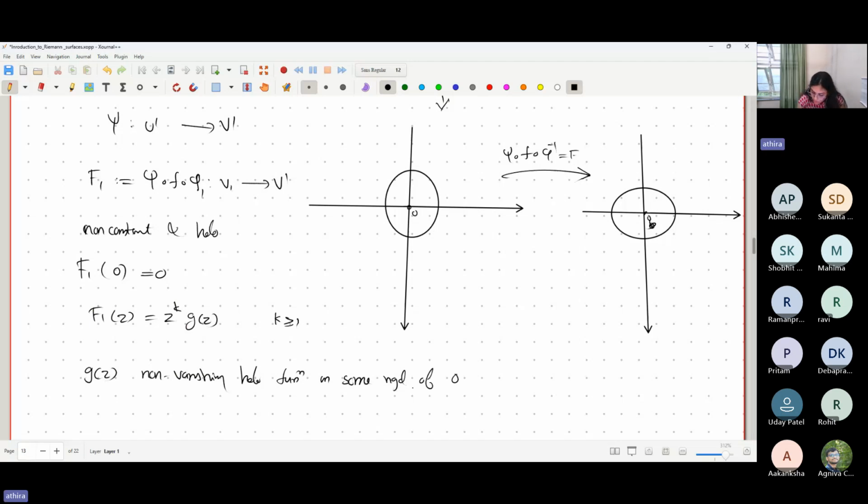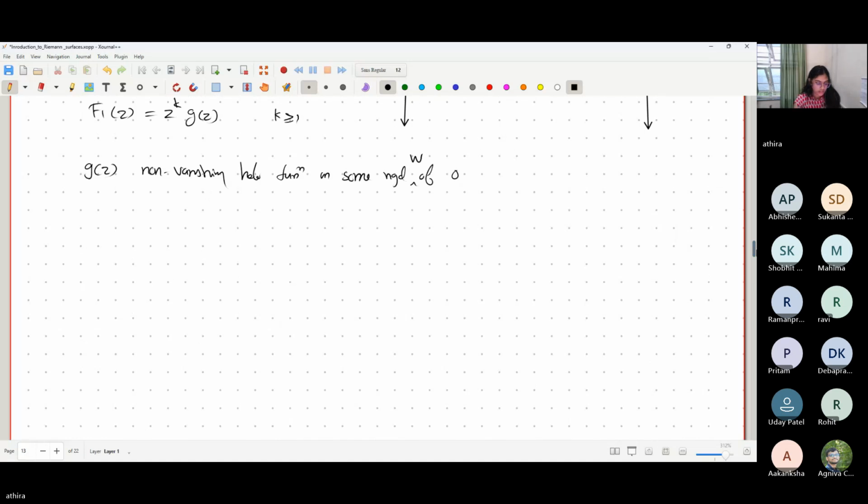Let me call this neighborhood W. Then there exists a holomorphic function H from W to C star such that H of Z to the power K is G of Z, that is, the kth root of G of Z exists.